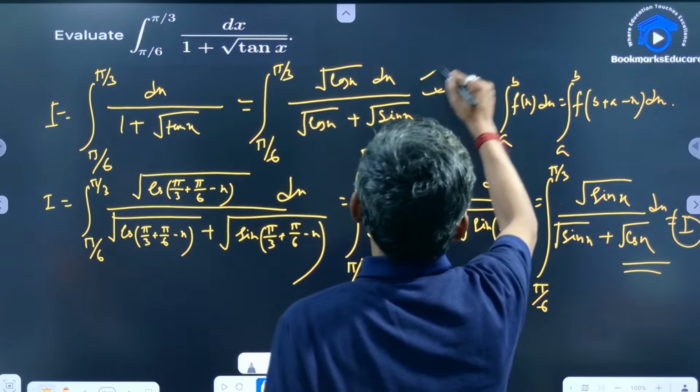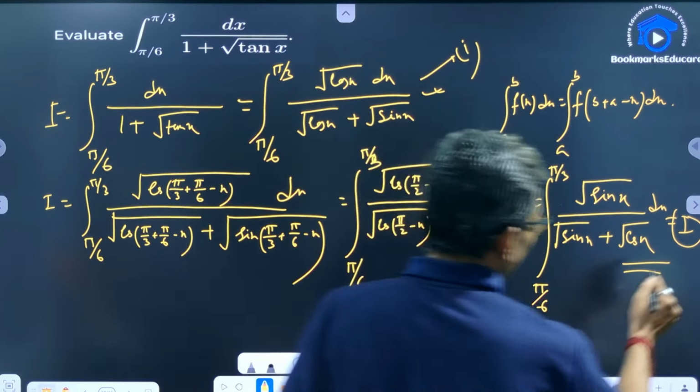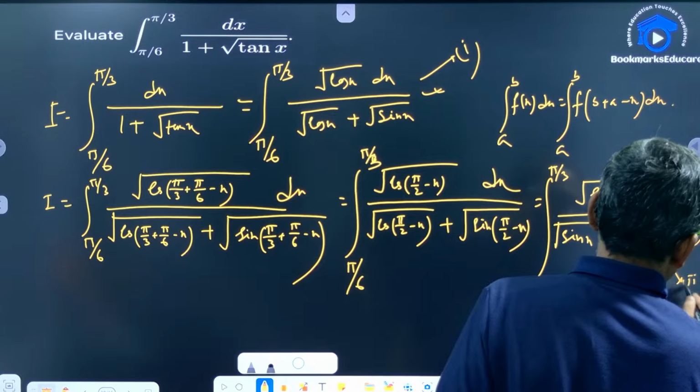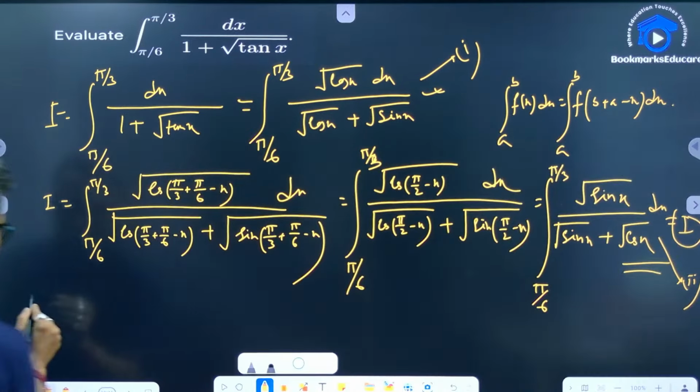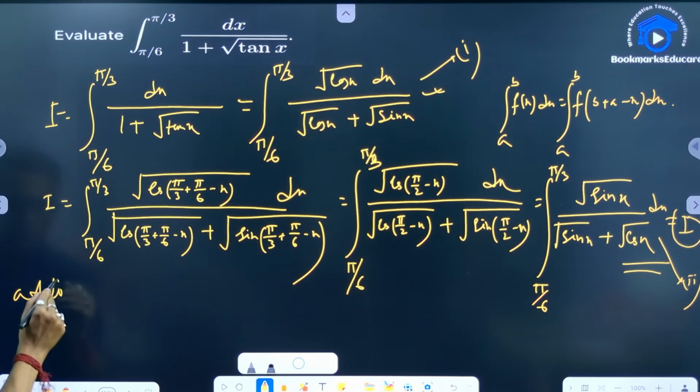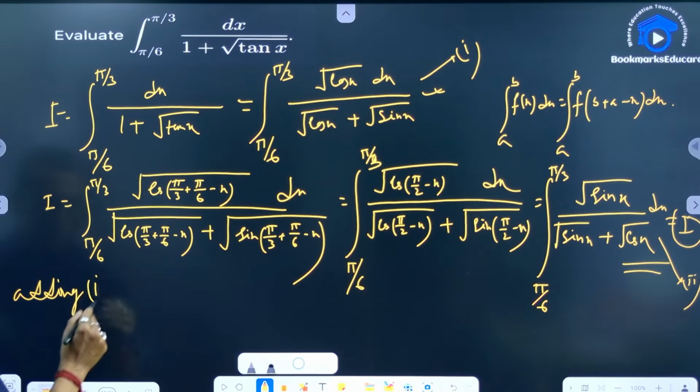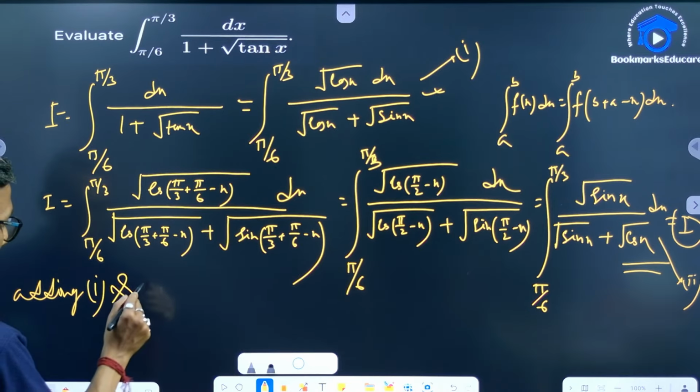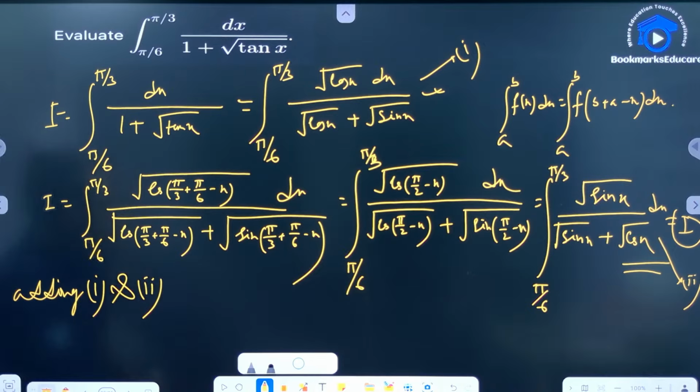Let us call this equation 1 and this equation 2. Adding 1 and 2, what will we get?